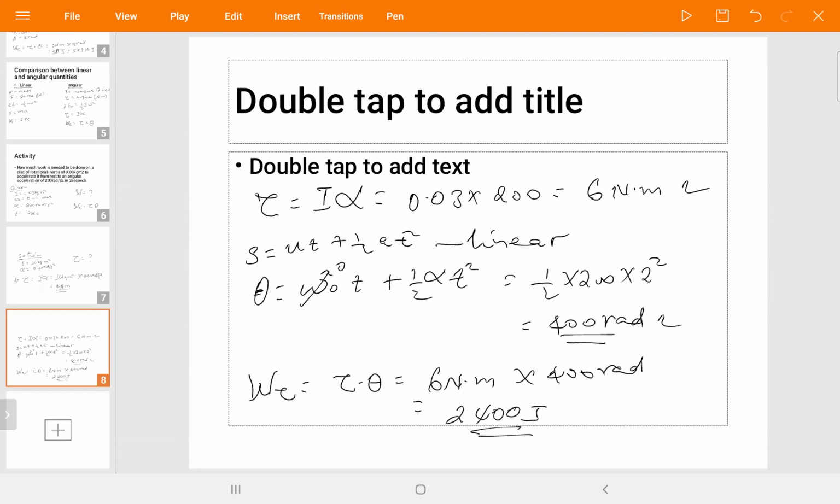No need of using rad, because we know the unit of work done is joule, so we have ignored the unit rad and expressed energy by joule only.